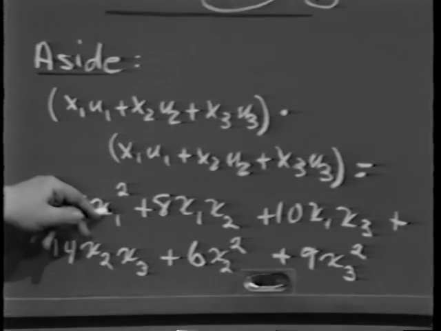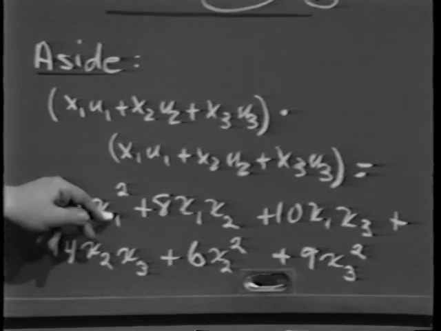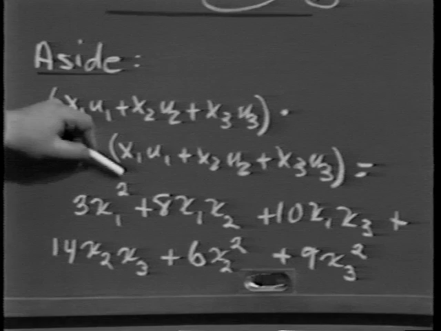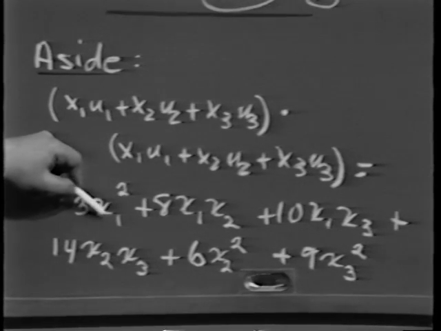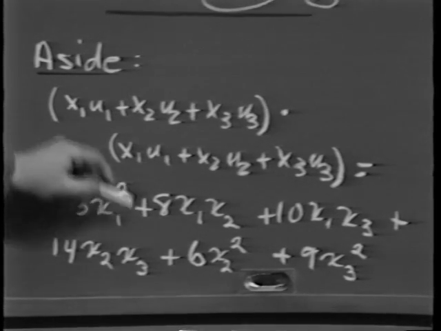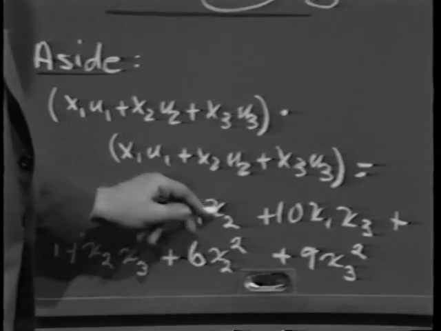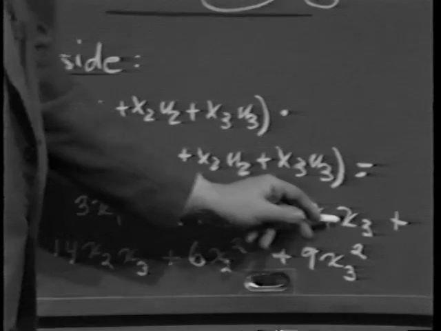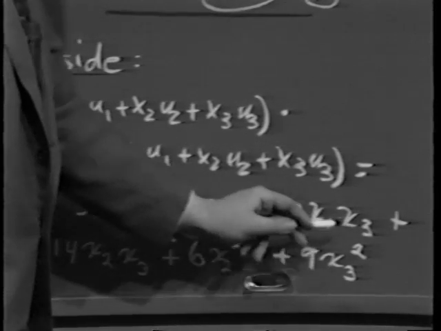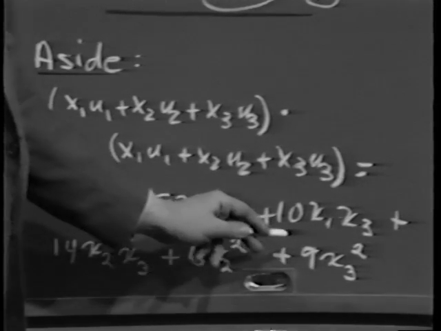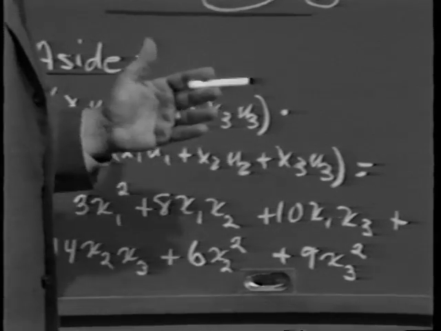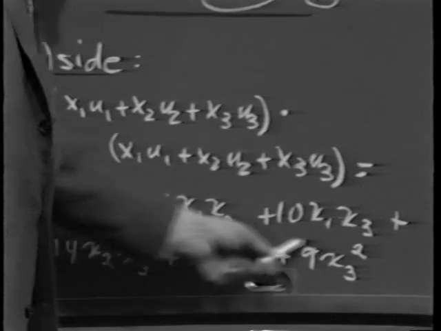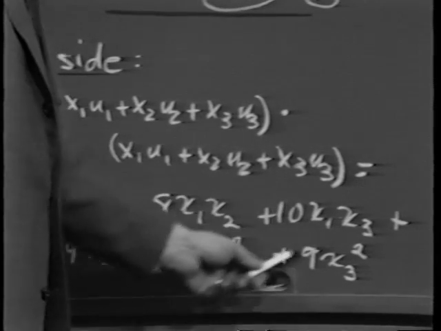You see, notice that each of the variables, x1, x2, x3, appears in each term here as a second degree variable. See, here's an x1 squared. Here's x1 times x2. You see two factors, x1 times x3. And what I'm driving at again is, aside from any other connections, notice that to solve for the length of a particular vector, one has to wind up solving what we call quadratic forms.